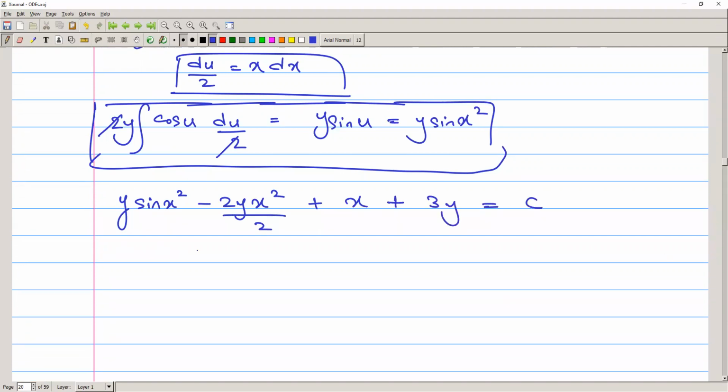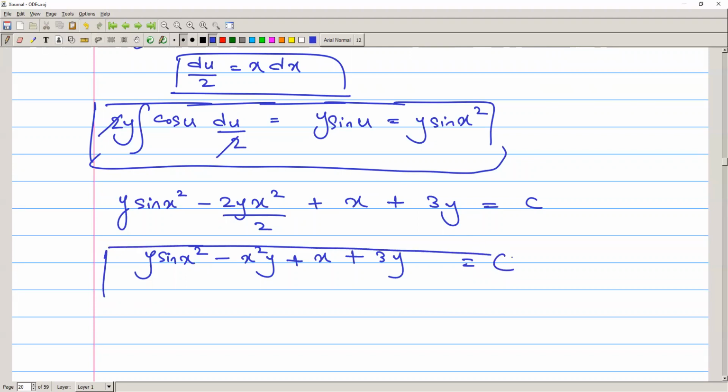That is the constant of integration, so it will be y sine x squared minus x squared y plus x plus 3y is equals to c, not 0, this is c. All right, so this is the idea of solving exact equations.